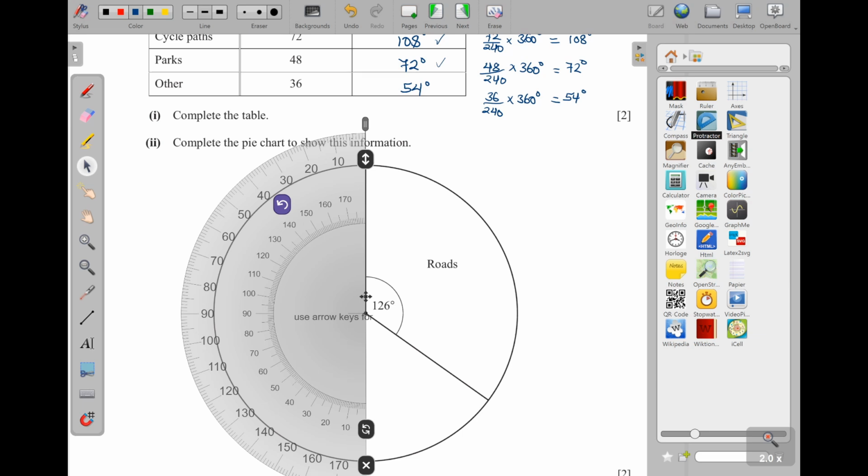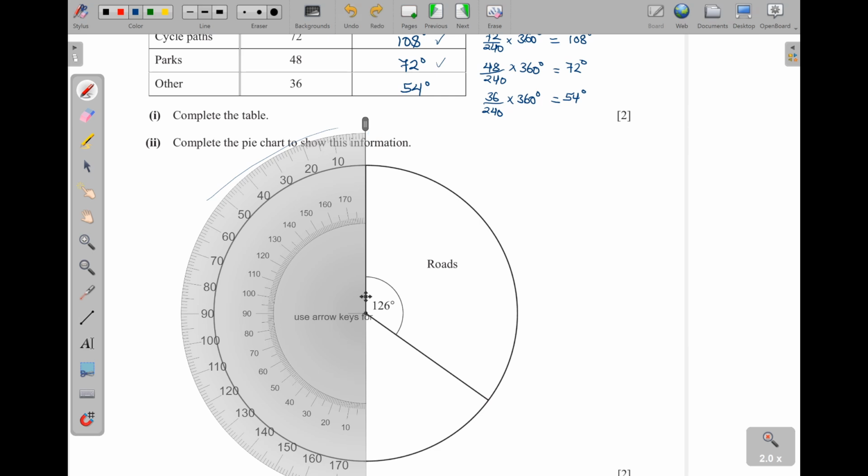Then I can look at where 72 is. So 72, now I'm going to use the outer one, because it is the one that starts from 0. So 72 is here.